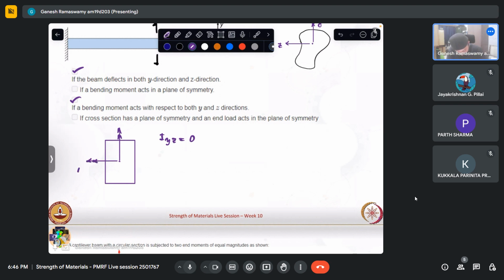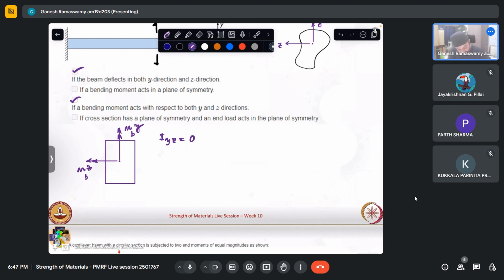So this is MB about Z, this is MB about Y. So if a case like this arises where there are two types of bending moments that are getting induced in mutually perpendicular directions, then this would lead to unsymmetrical bending.